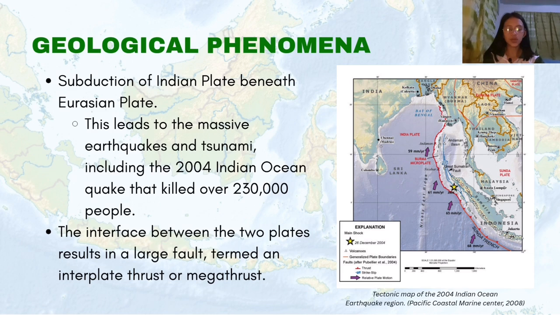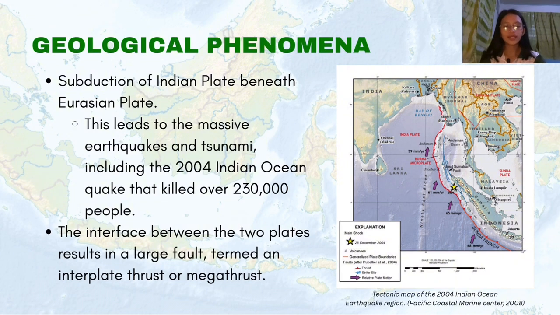This leads to massive earthquakes and tsunamis, including the 2004 Indian Ocean quake that killed over 230,000 people, which is what I mentioned earlier. So the full details about it: on December 26, 2004, the sudden slip of the Indo-Australian plate under the Eurasian plate triggered a magnitude 9.1 to 9.3 earthquake west of Sumatra.